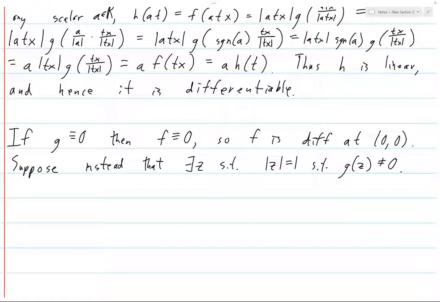And for this kind of proof, the standard in math is that you want to try to avoid proofs by contradiction when possible, but here you can't. So assume for contradiction, which I will abbreviate by AFC, that f is differentiable at the origin 0, 0.